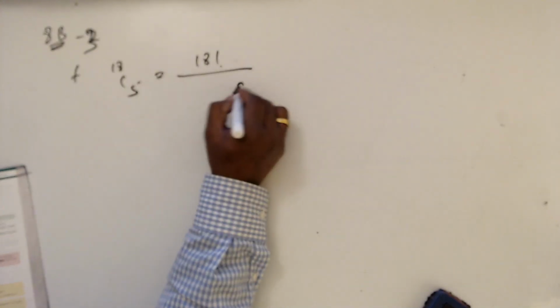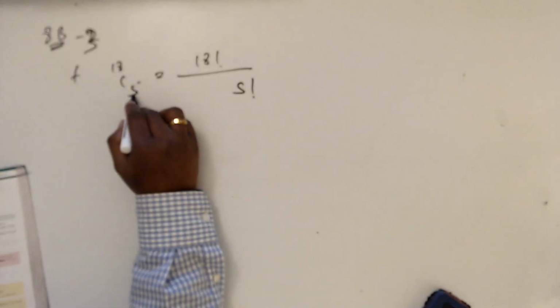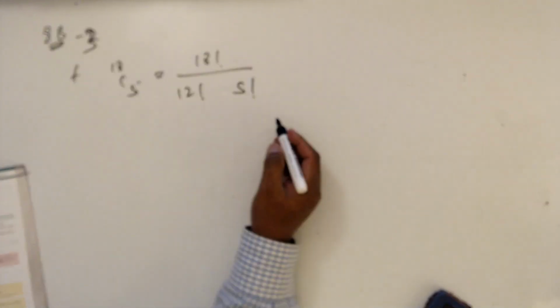18C5 is factorial 18 over factorial 5 and 18 minus 5, factorial 13.